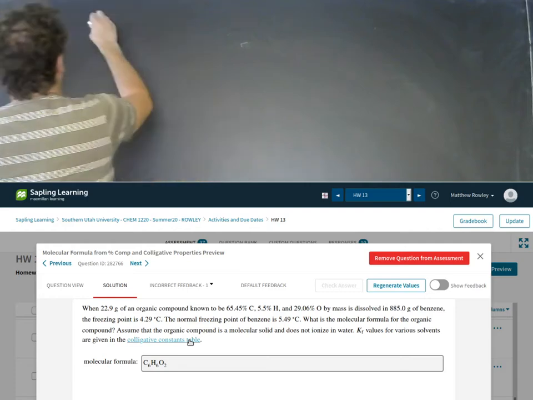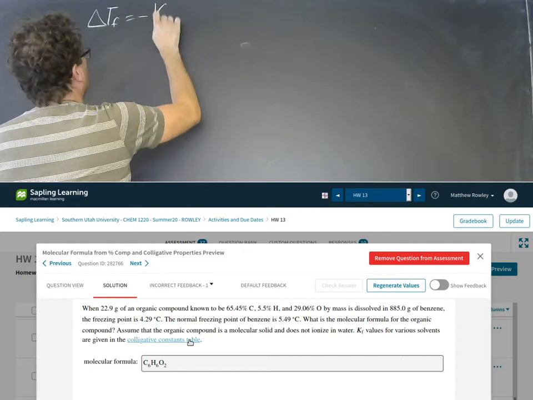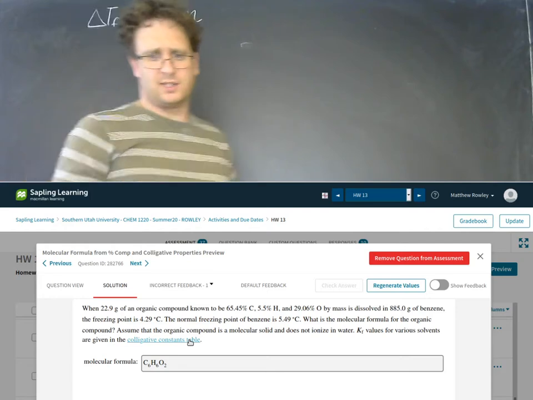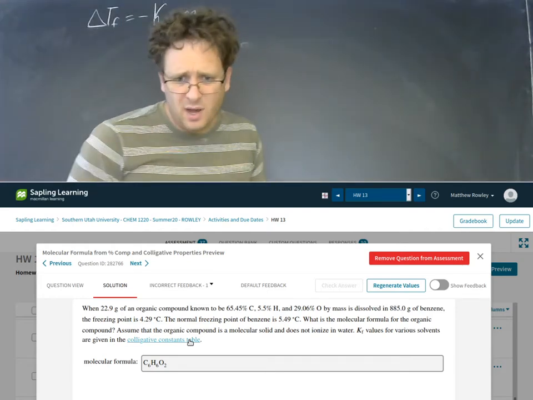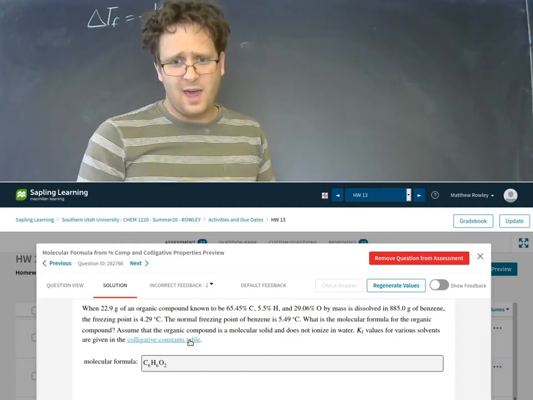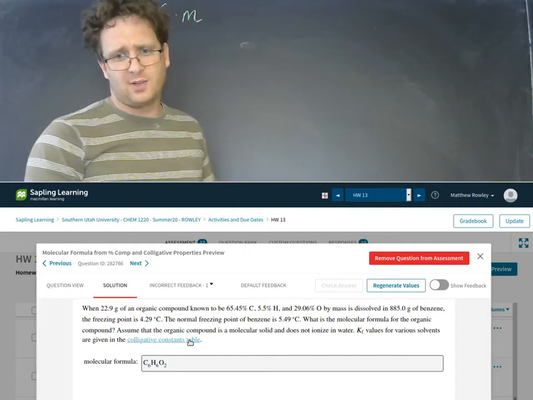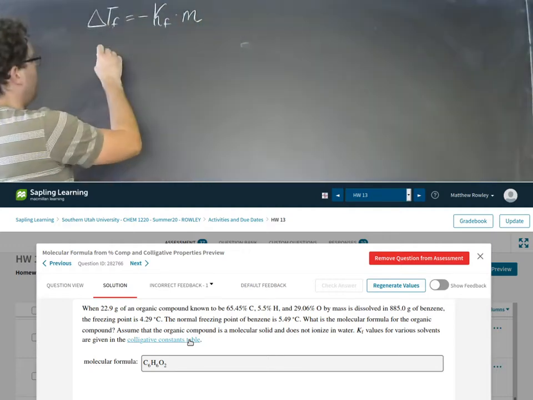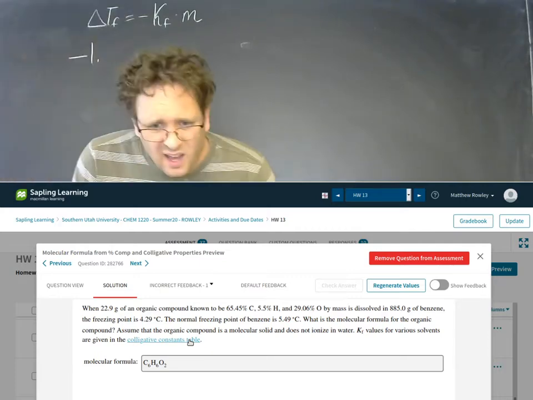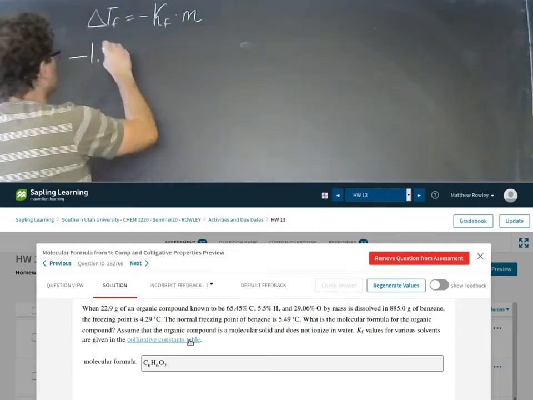We know that delta Tf is going to equal negative Kf times the molality. So let's start putting in some numbers here. We know that the normal freezing point is 5.49 and the new freezing point is 4.29, and so that is a delta Tf of negative 1.2 degrees Celsius.